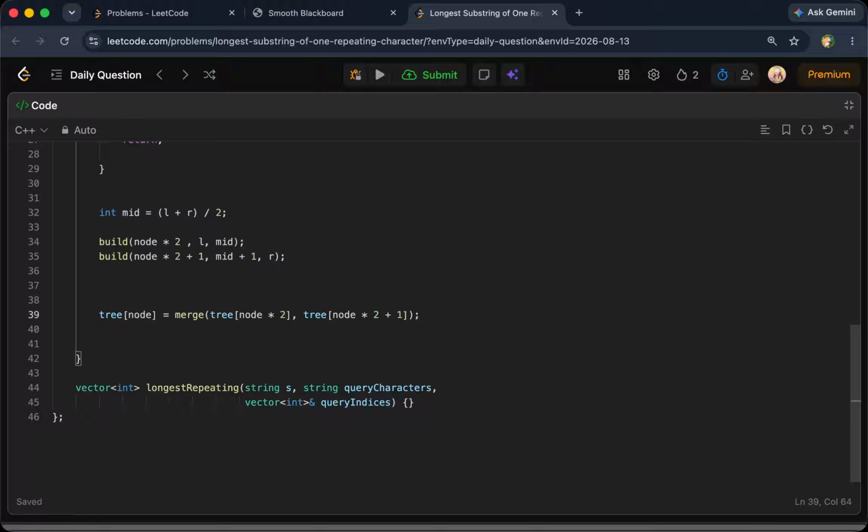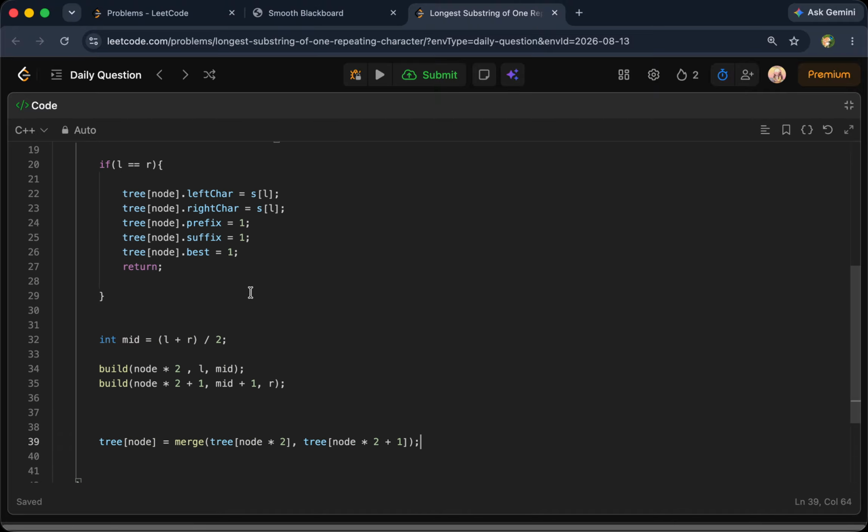Once both children are ready, I merge them to calculate the information of their parent. Now our build looks like this.